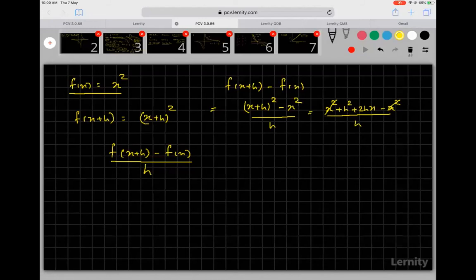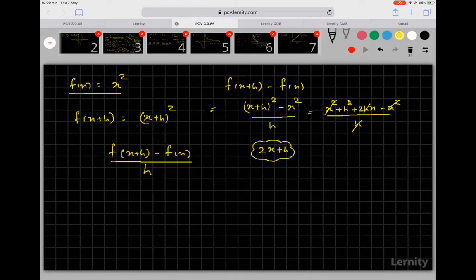Do you see that this and this also are getting cancelled? Then what you are getting is 2 times x plus h.